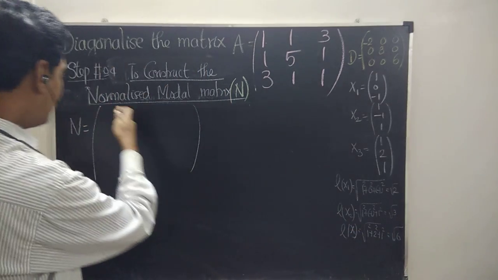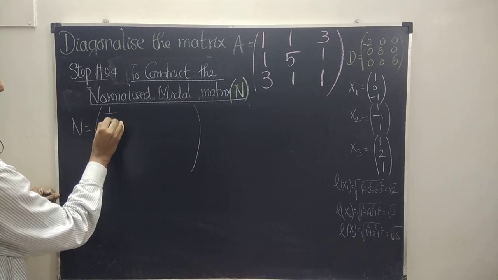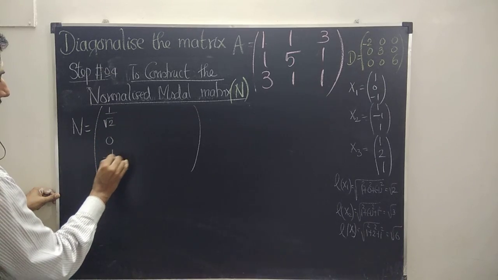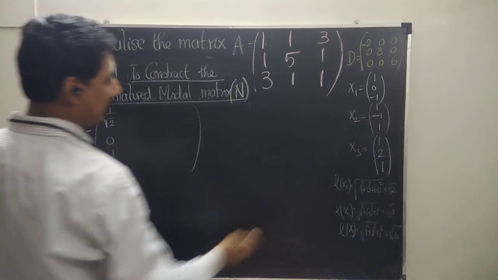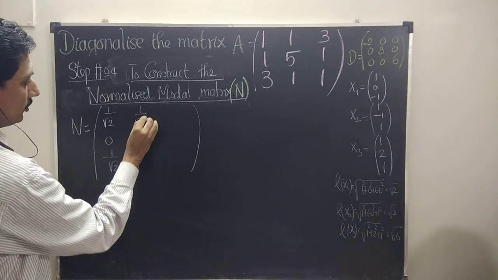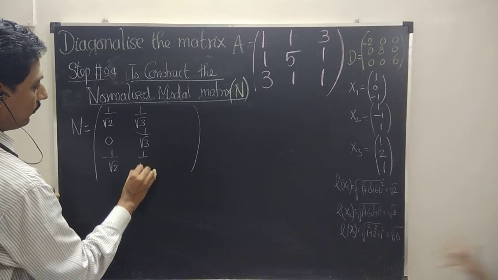So the first column is divided by its length: 1 by root 2, 0, minus 1 by root 2. The second column, the second eigenvector divided by its length: 1 by root 3, minus 1 by root 3, 1 by root 3.